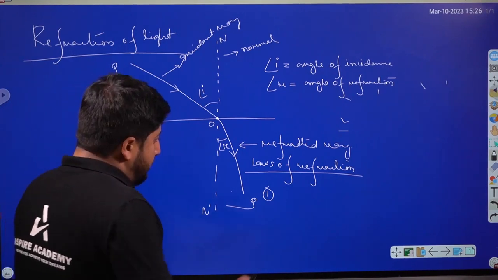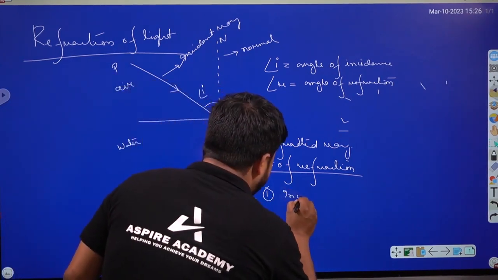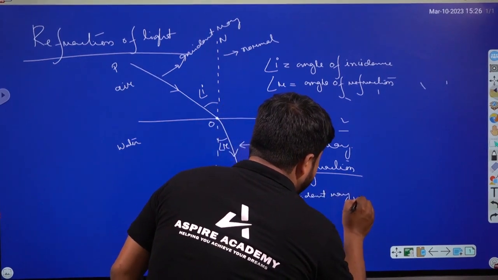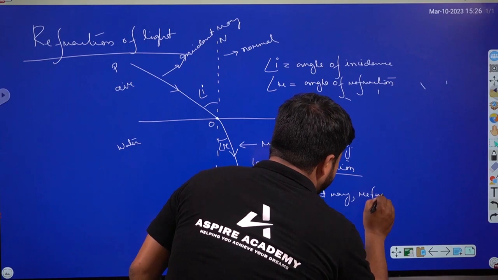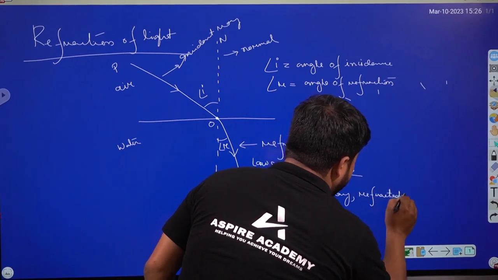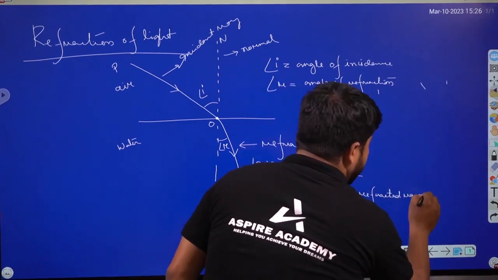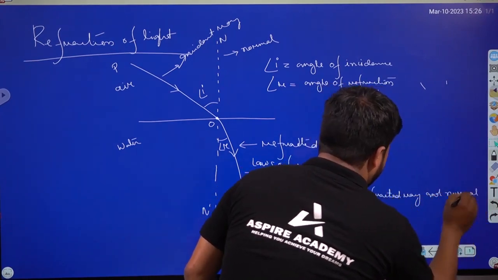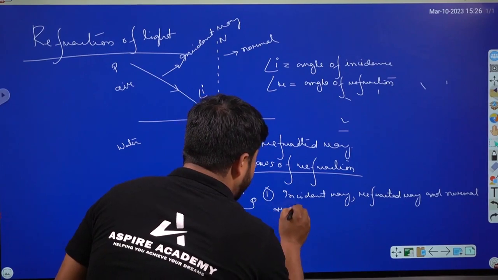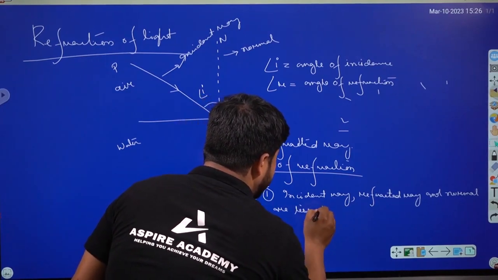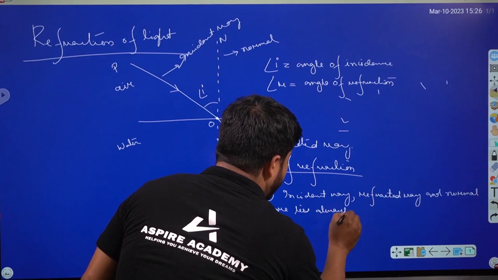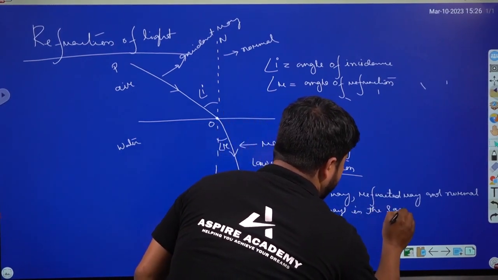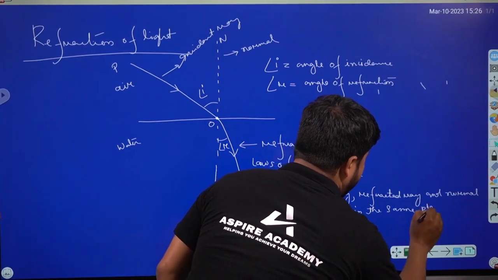So the first law: the incident ray, the refracted ray, and the normal always lie in the same plane.